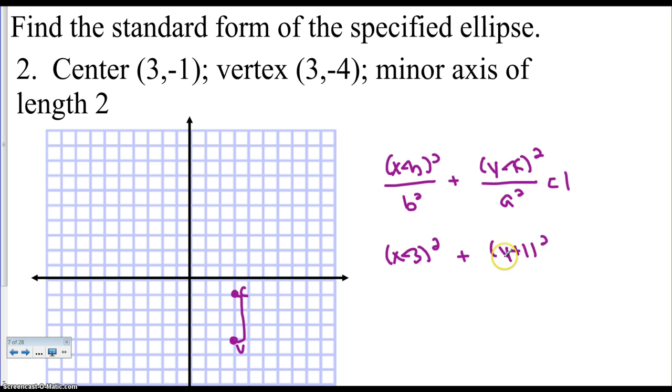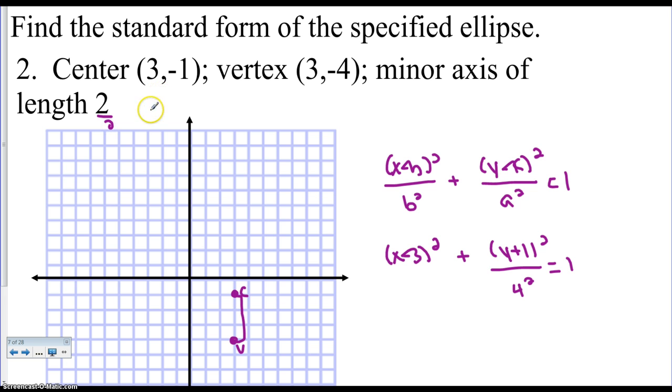Now the other piece of information I know is what a is. A is the distance that the center is away from the vertex. So a is going to be 4. So I'm squaring 4. Now b is half the distance of my minor axis. So in this case, my minor axis is 2.